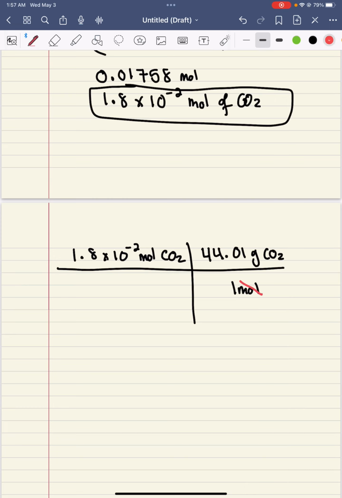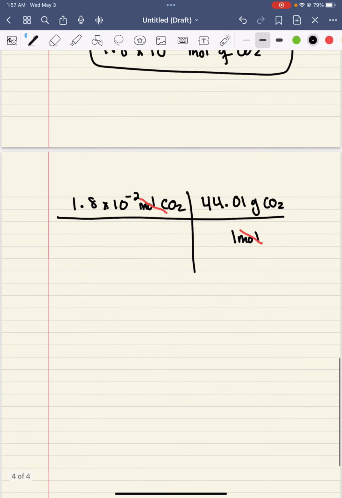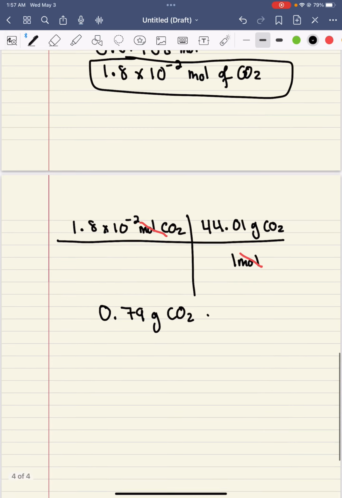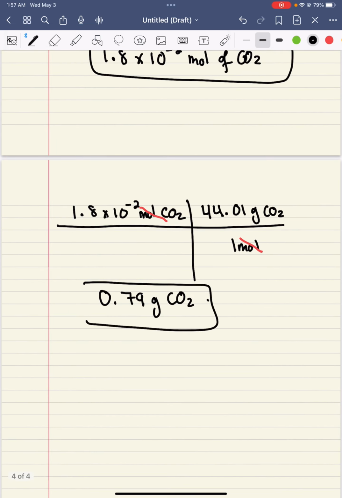These two cancel out, and you get a value of 0.79 grams of CO2. The reason why we have two significant figures right here is because you started with two significant figures.